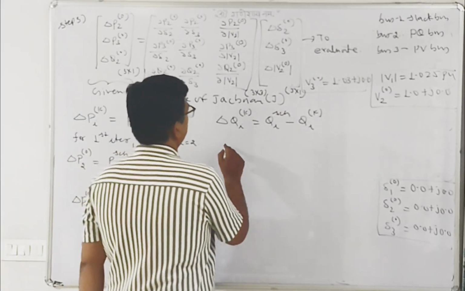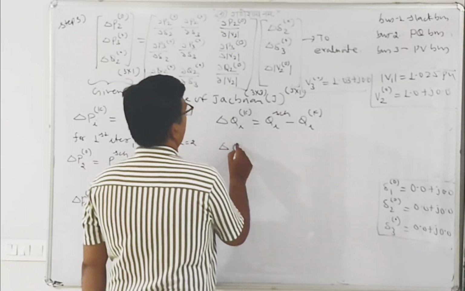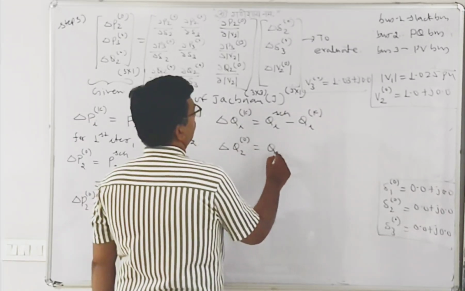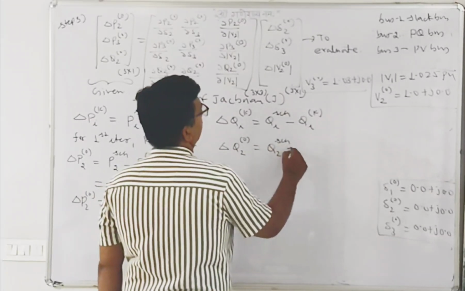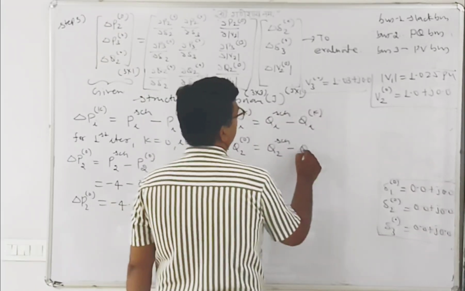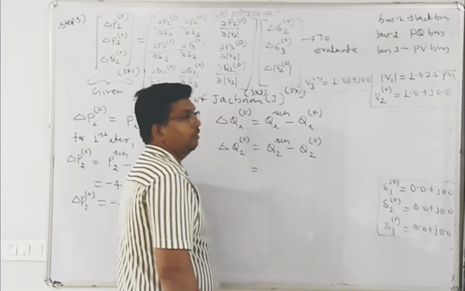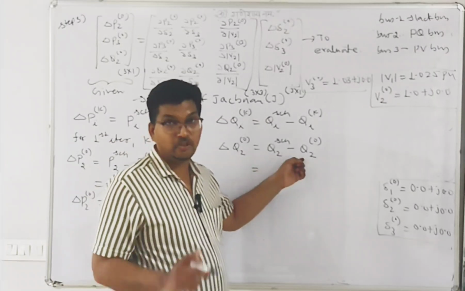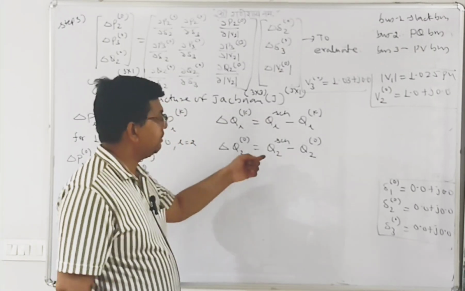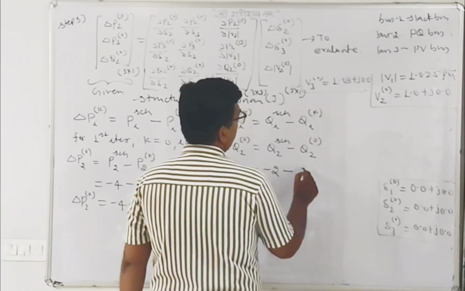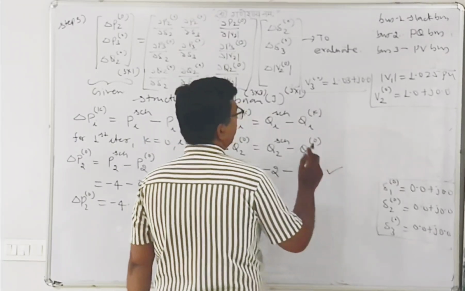Similarly, delta Q2 0 equals Q2 schedule minus Q2 0. Now here this Q2 0 is not 0, mind it carefully. Now what is the Q2 schedule? For the load bus it is minus 2, depending upon the value we have calculated.